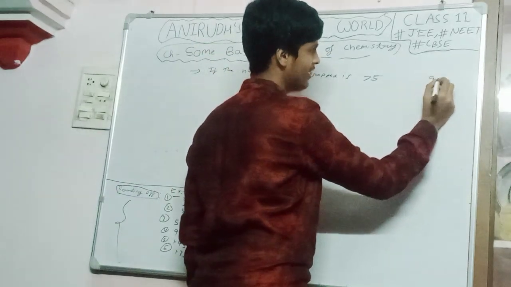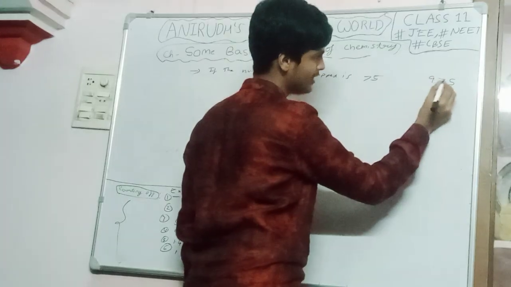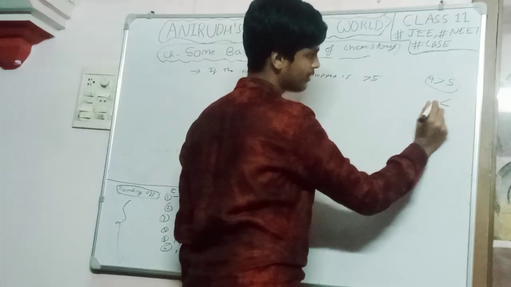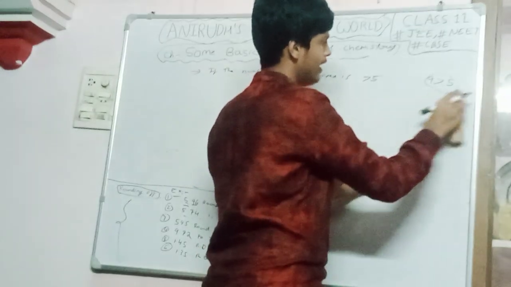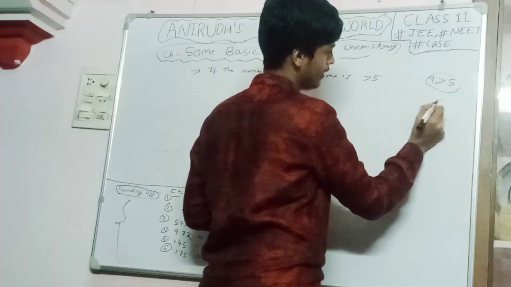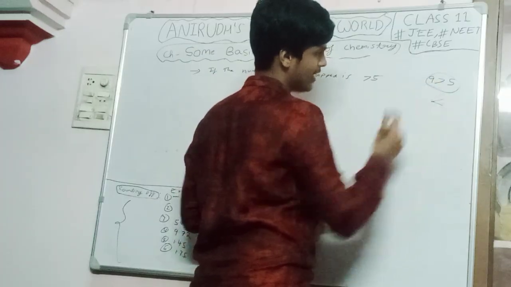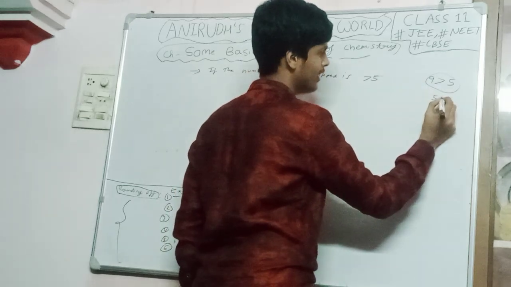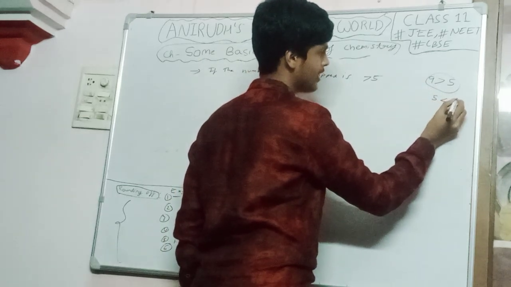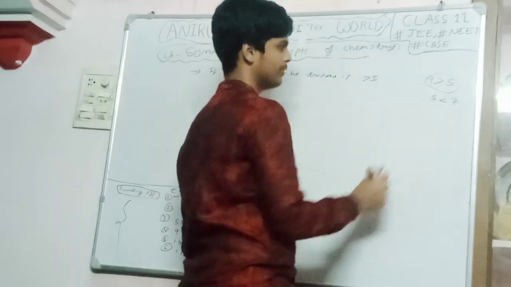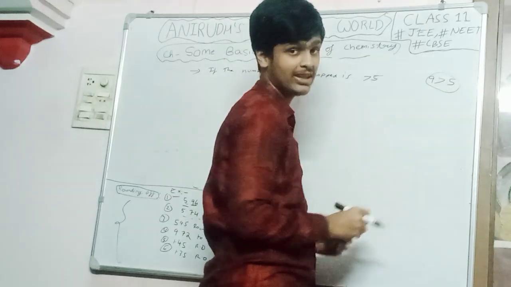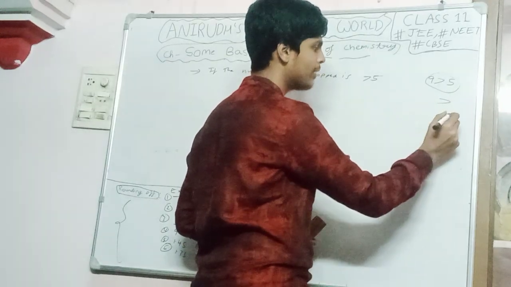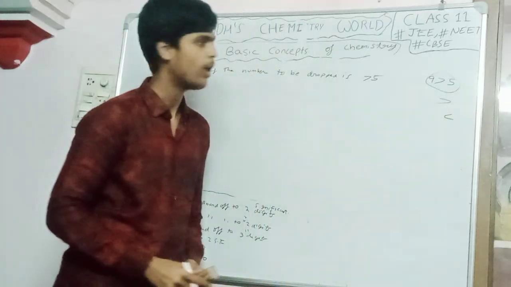If you see 9 and 5, this is the greater symbol. Where you have the opening curve, that is greater, and where you have the intersecting part, it is less than. 9 is greater than 5. 5 is less than 7.